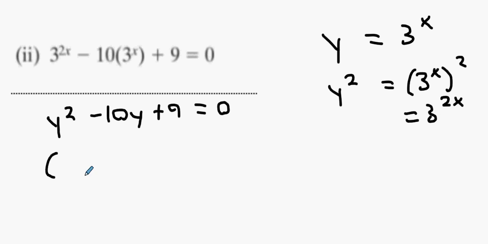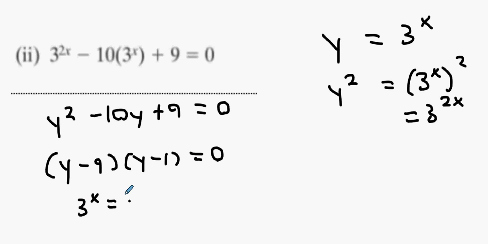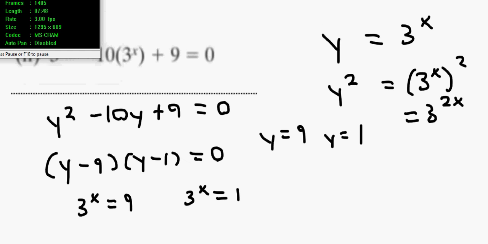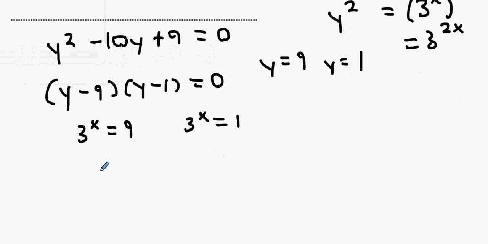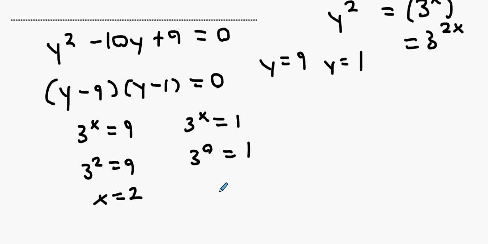They're fairly handy. Yeah. 3 to the power 2 is 9. This means x equals 2. 3 to the power 0 equals 1. Implies x equals 0. Alright.